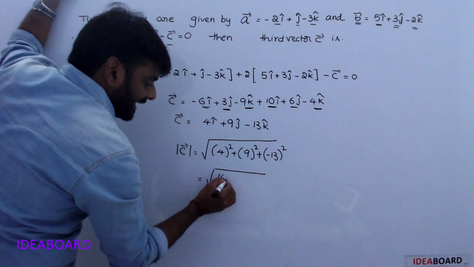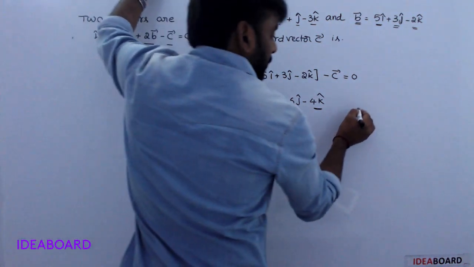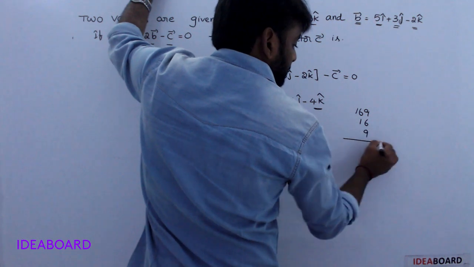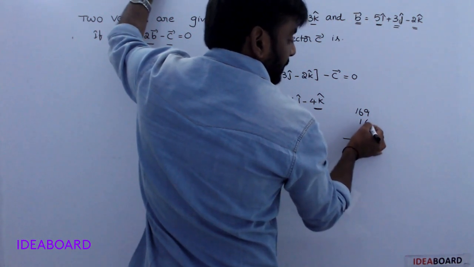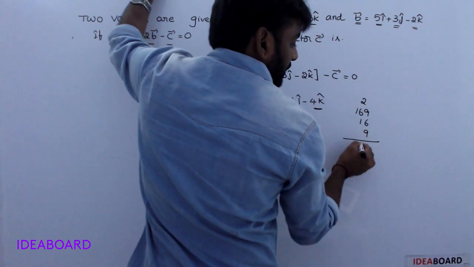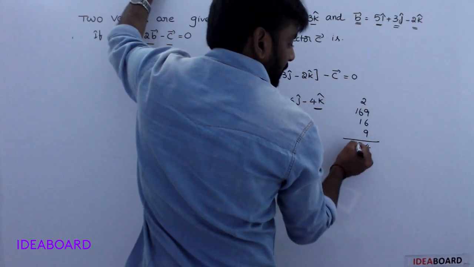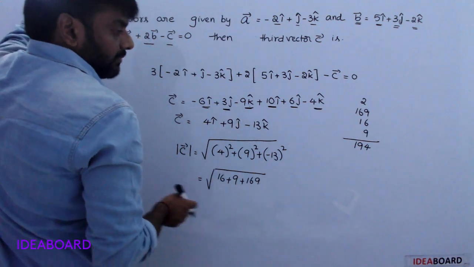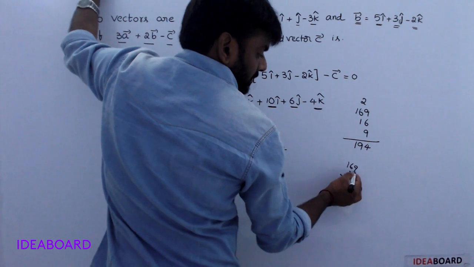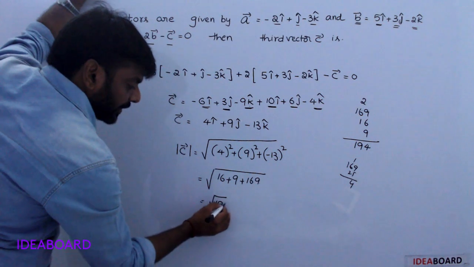Now 16 plus 9 plus 169. 16 plus 9 is 25, 25 plus 169 is 194. So the square root of 194 units.